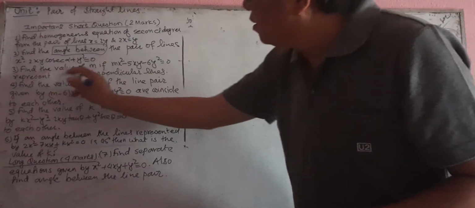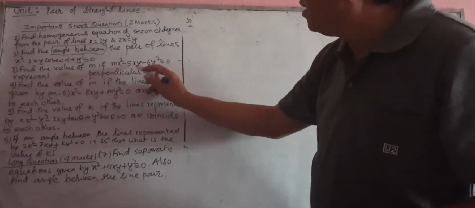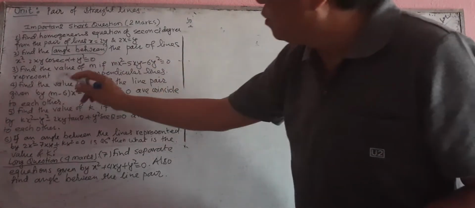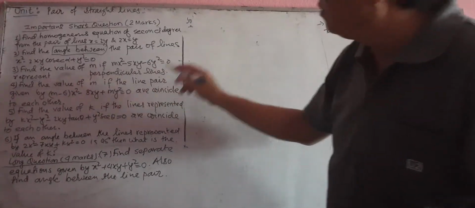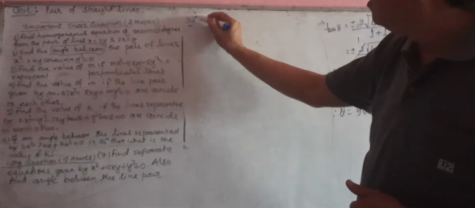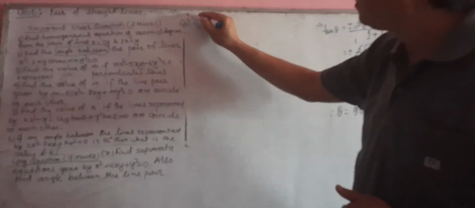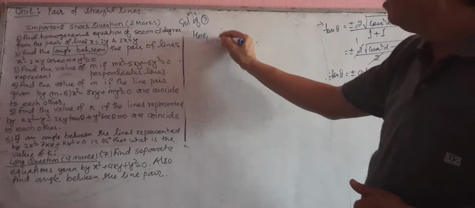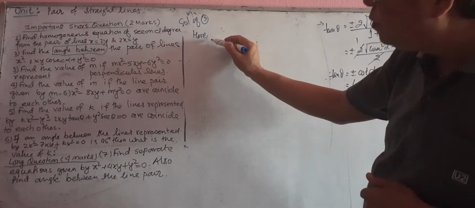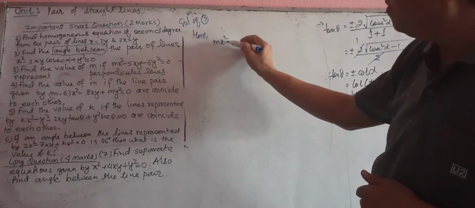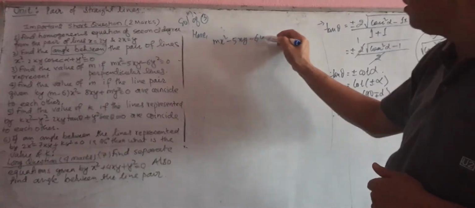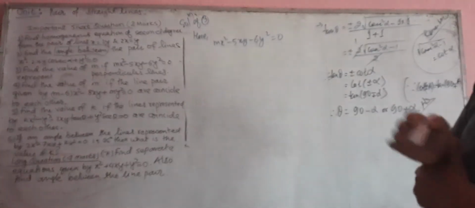Let us see. Find the value of m if mx square minus 5xy minus 6y square equal to 0 represents perpendicular lines. Solution of 3. Here the given equation is mx square minus 5xy minus 6y square equal to 0.